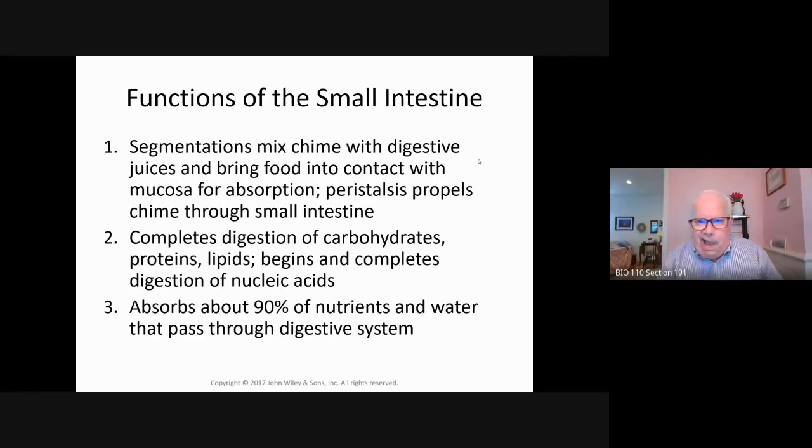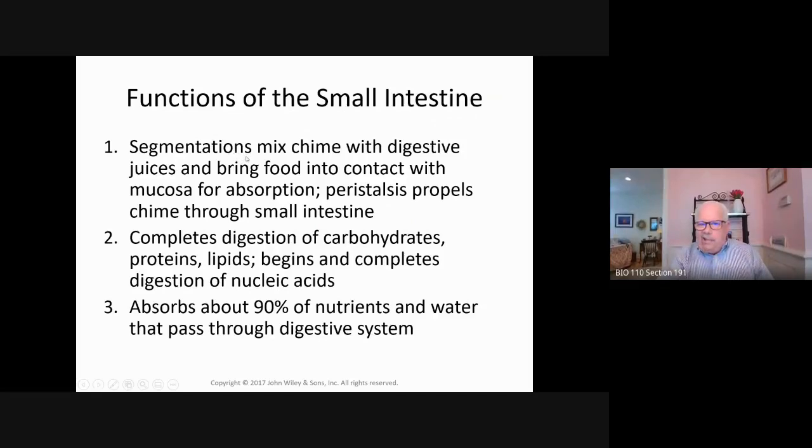The small intestine also has folds that move food. In the stomach, they're called rugae. In the small intestine, they're called segmentations.